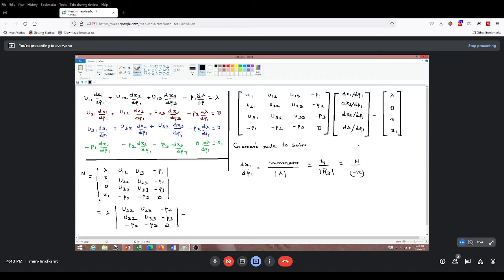This is plus minus, so this is x1, and x1 is equal to this is minus P1, this is u22 into u23 minus P2, this is u32.